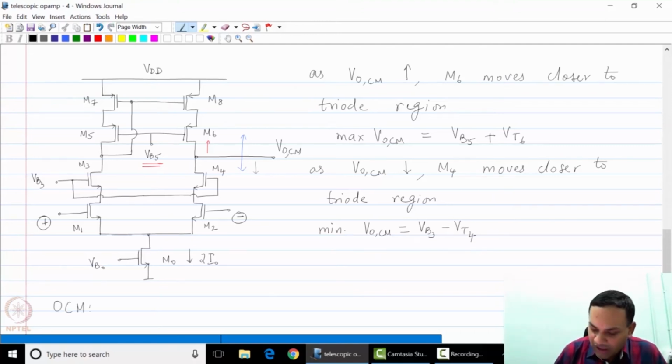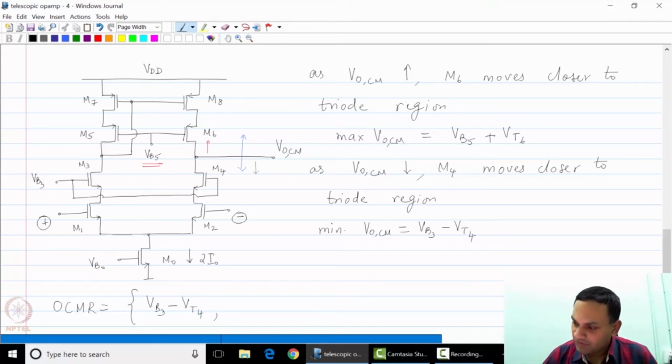Therefore, the output common mode range is VB3 minus VT4 to VB5 plus VB6. As you can see, this depends on VB3 and VB5 numbers, but in general, you will find that the output common mode range of the telescopic op-amp is smaller than that for the one stage op-amp. Naturally, because you now have a larger number of transistors and you cannot support a large enough common mode range or swing at the output node.